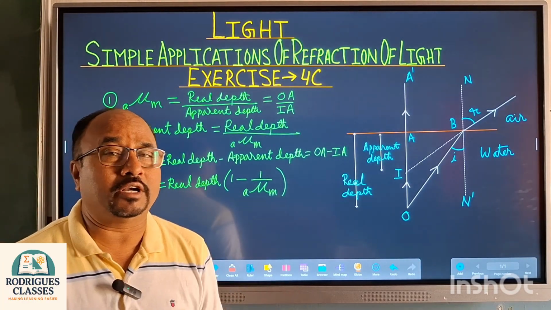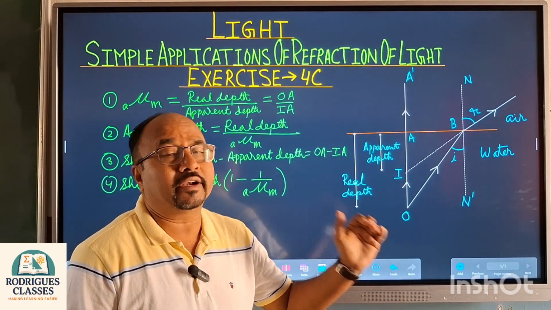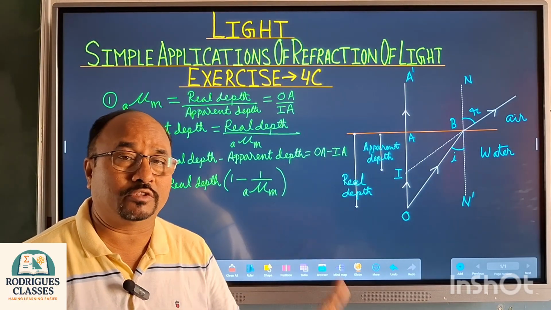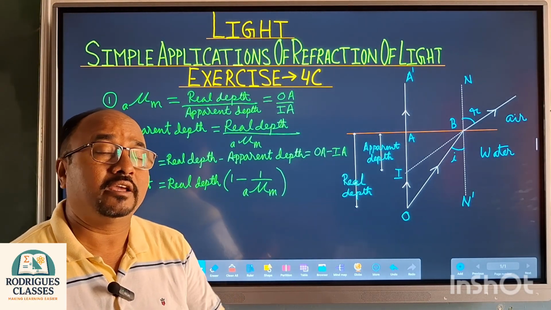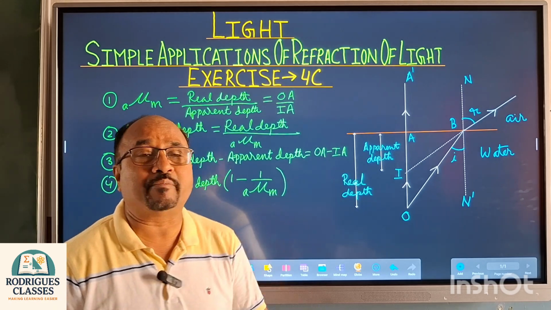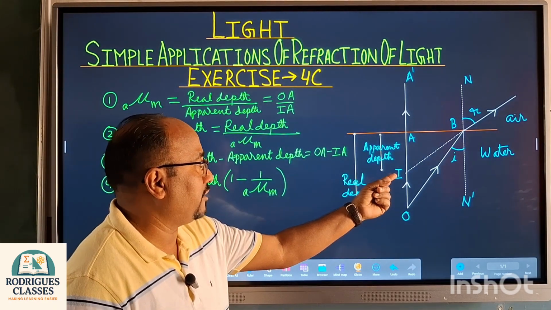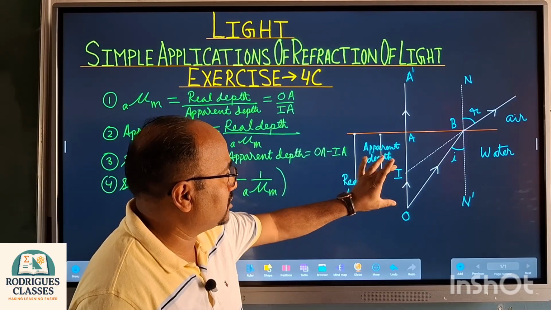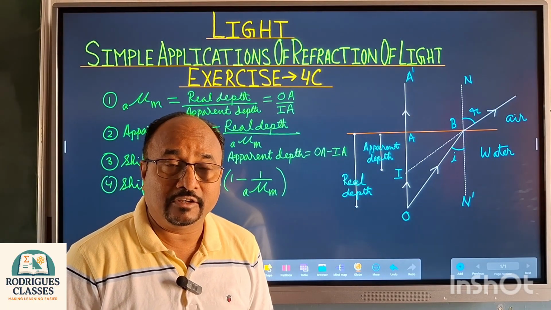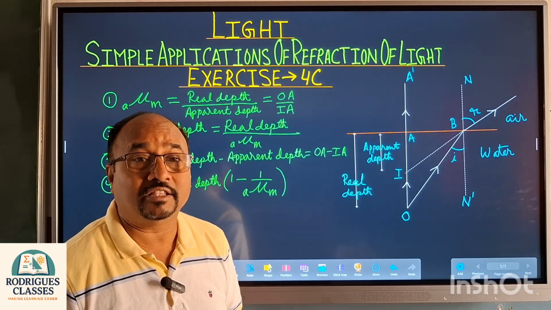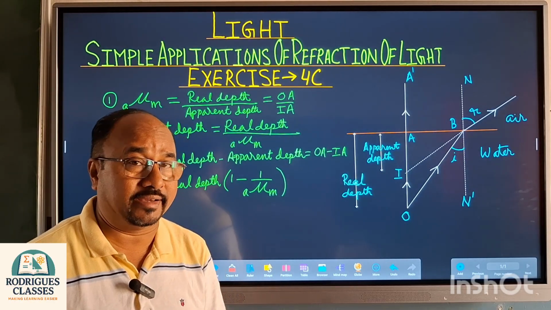Now a very important thing to relate. I have already told you that the apparent depth is inversely proportional to the refractive index. It means if the refractive index increases, apparent depth decreases. So what happens to the shift? If the apparent depth is going to decrease, the shift is going to increase. So if the refractive index is increasing, the shift will also increase.